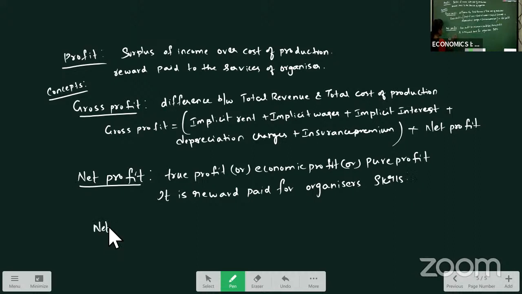Okay, how do we calculate this one? See, I said that in gross, we are adding everything, we are including everything, whereas in net, we will deduct everything.